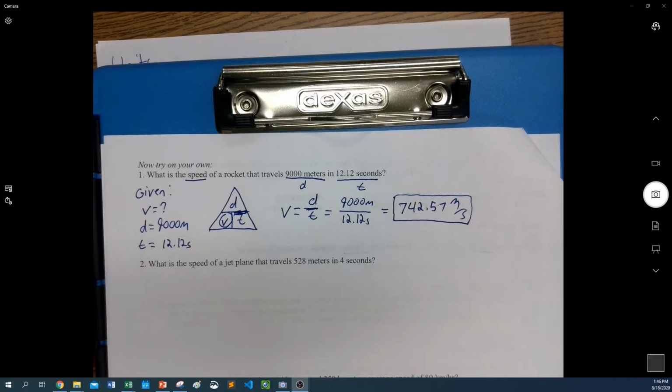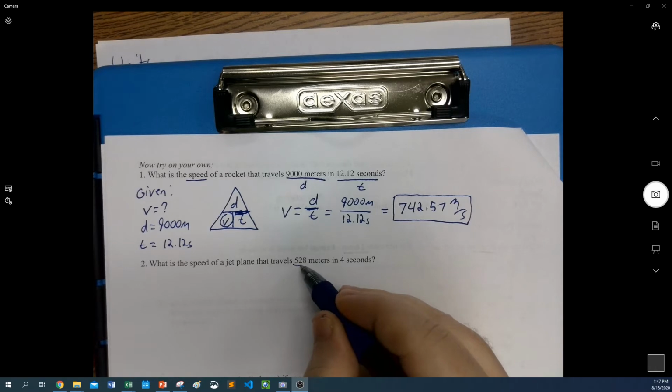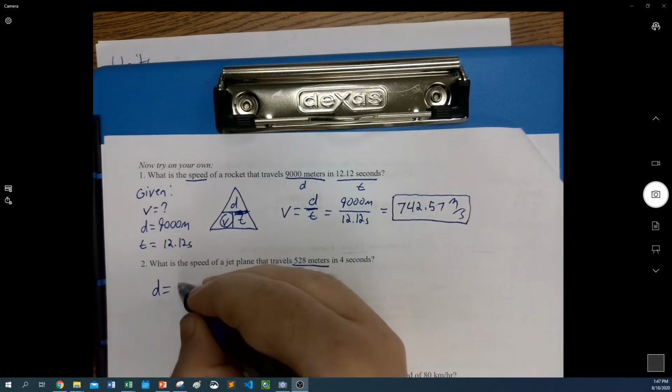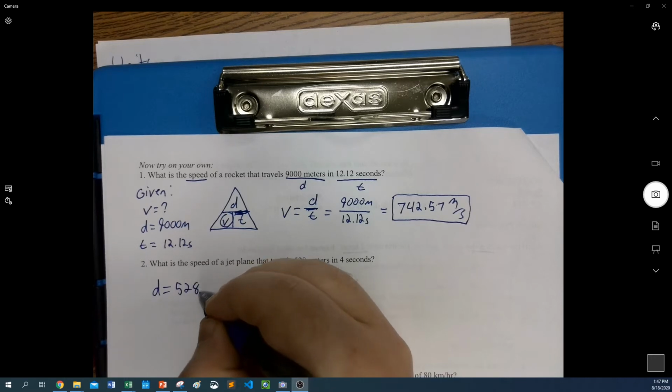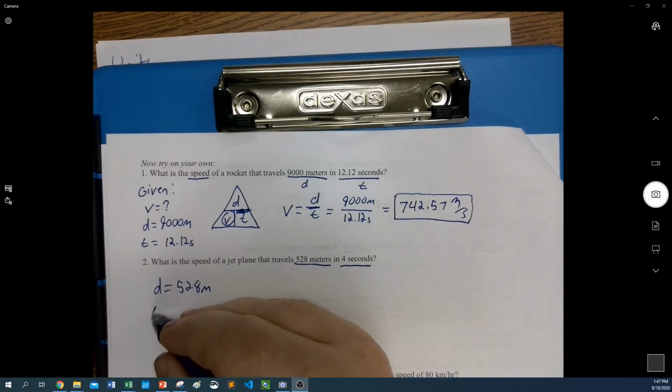So, everyone follow? Number 1 easy. So, what is the speed of a jet plane that travels 528 meters in 4 seconds? So, 528 meters, the distance. 4 seconds is time.